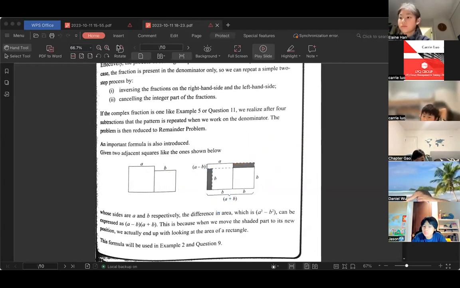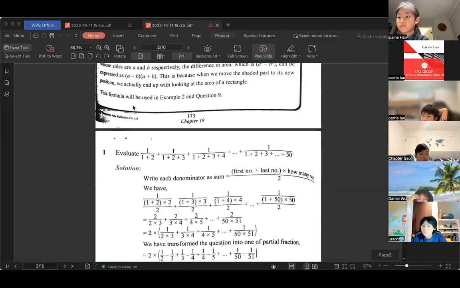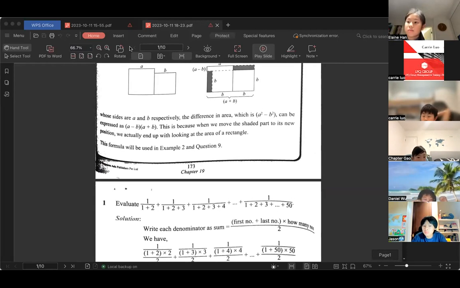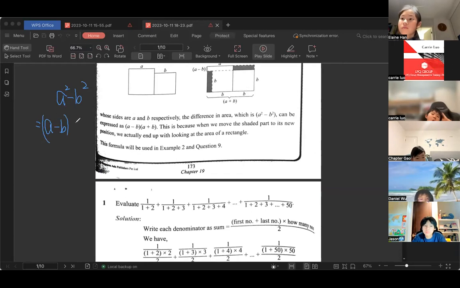Okay, so I want you to write down this one, everybody. A squared minus B squared equals A minus B times A plus B. Can you please everybody write this down?